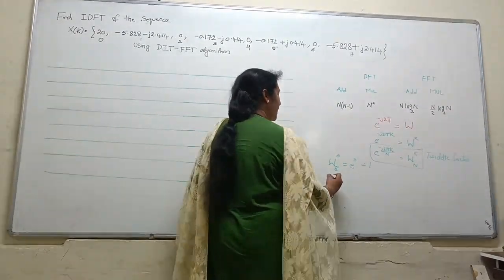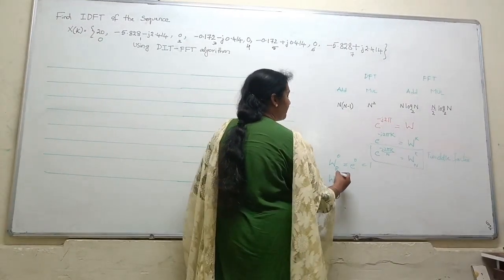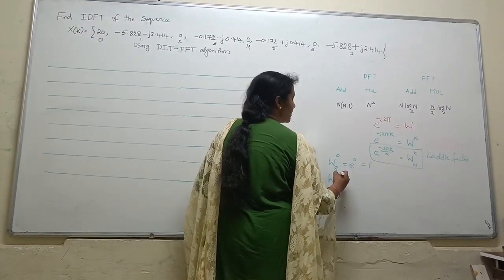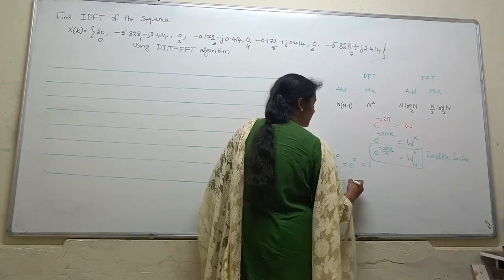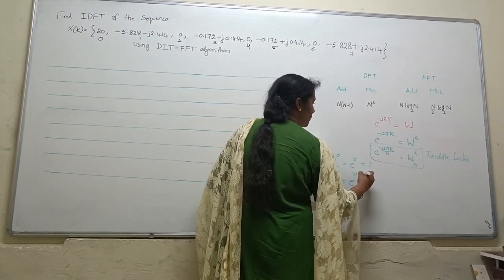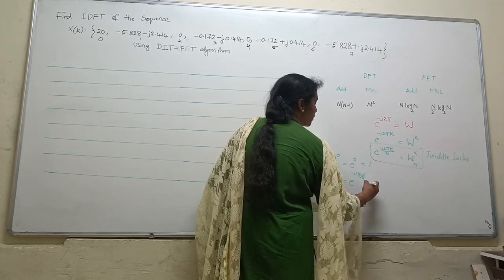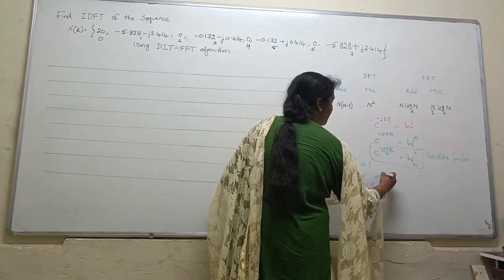Now we take the 8 point DFT with k is equal to 1. Substituting in this expression e power minus j 2 pi into 1 divided by 8, what do you get? e power minus j pi by 4.